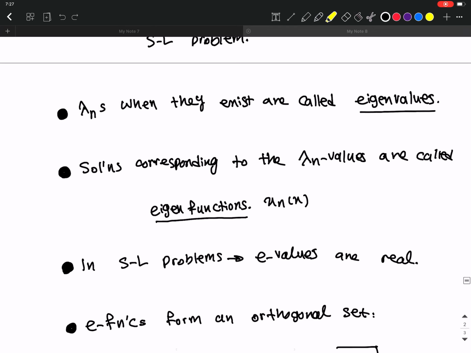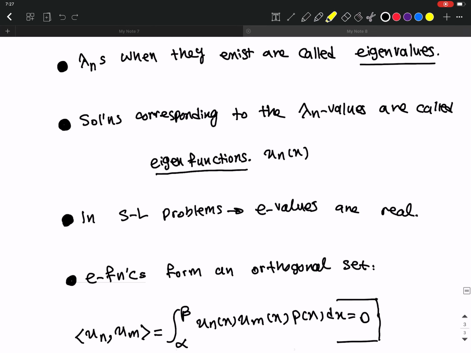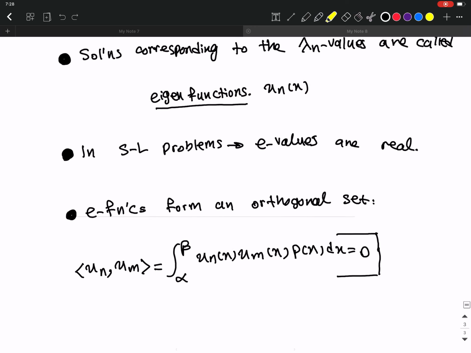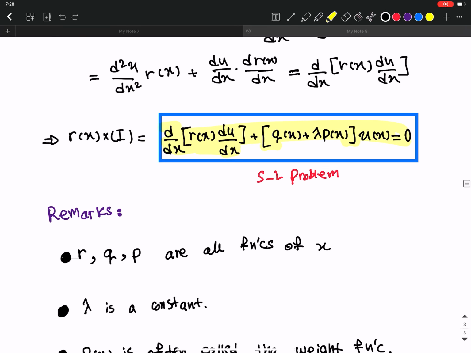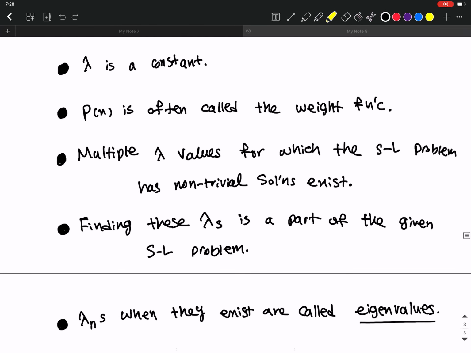The solutions corresponding to these lambda values are called eigenfunctions, or u_n(x). And then we said that eigenfunctions in this Sturm-Liouville form an orthogonal set in which they follow this relation, in which if you take the inner product of them, it is going to be 0. Okay, so in the next part, I'm going to solve an example of this, so this point becomes clearer for you.